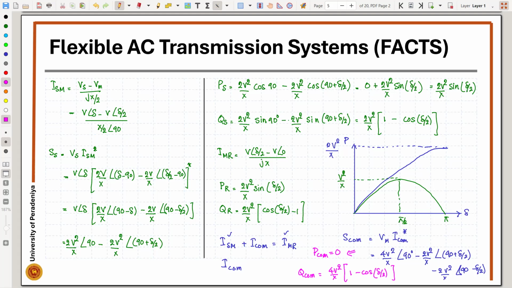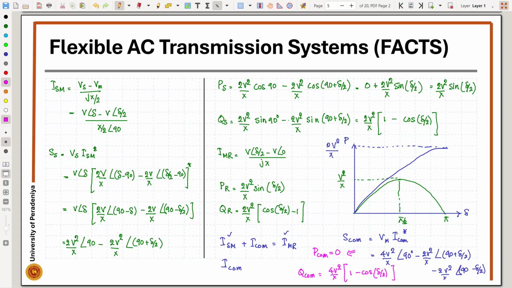So that amount of reactive power should be provided by the compensator. The compensator will be placed at the middle point of the line.